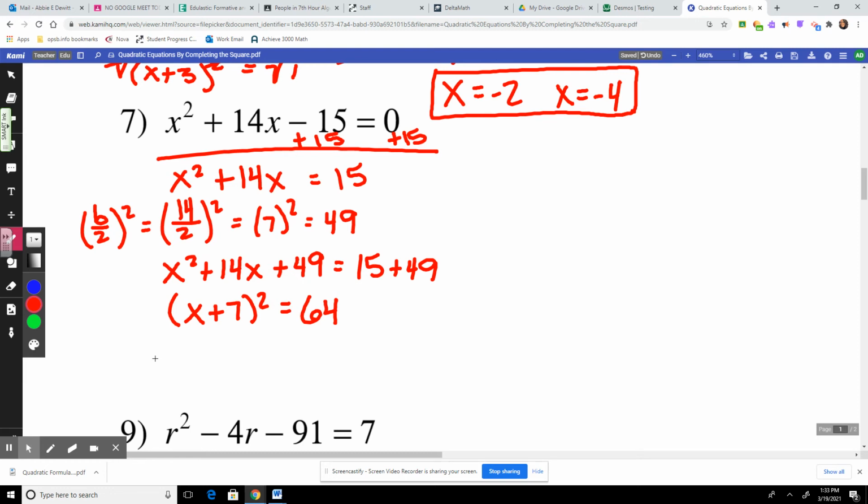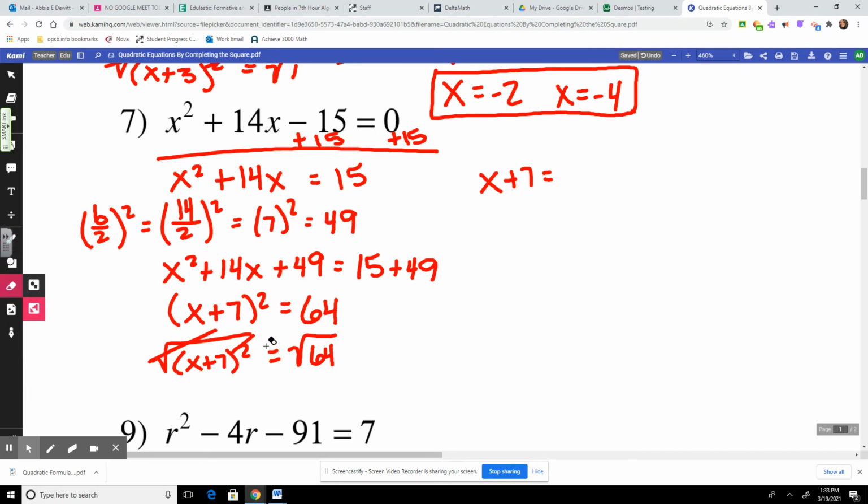Okay, I'm going to take the square root of x plus 7 squared and the square root of 64. The square root and the square cancel. Leaves me with x plus 7 equals the square root of 64. I know that the square root of 64 is 8. So that's positive or negative 8.